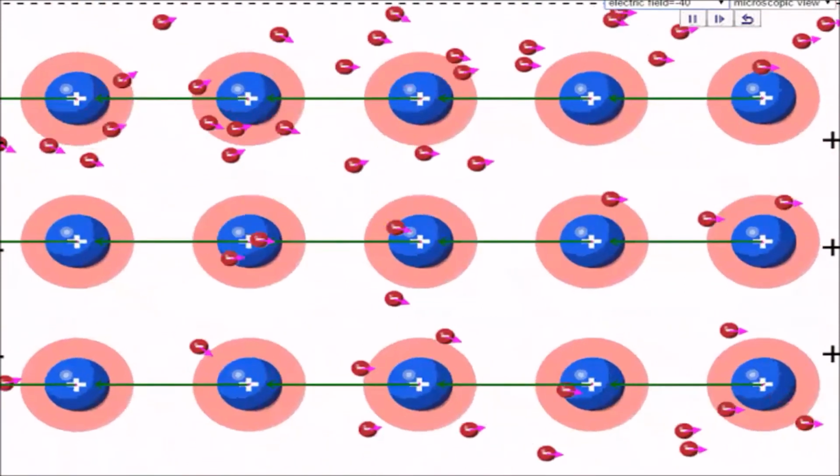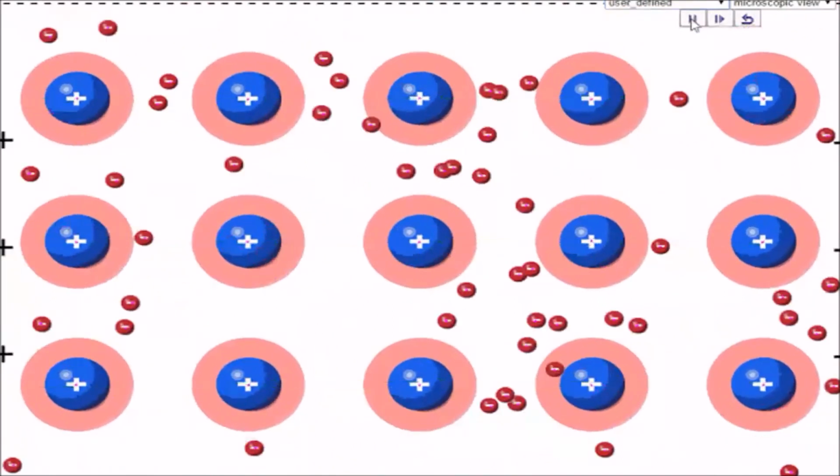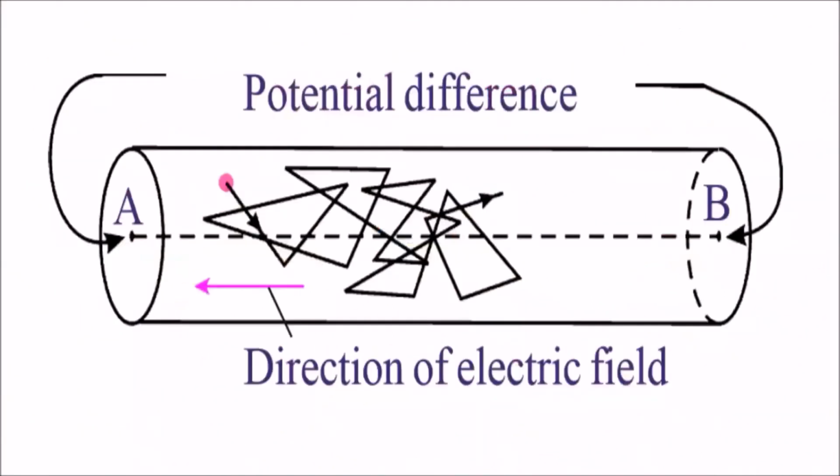So like this, the electric field is set up and all electrons will be in motion. This is the explanation for that. There will be electrons which move downwards, upwards, left and right. They will have many collisions and continue their journey inside the conductor.